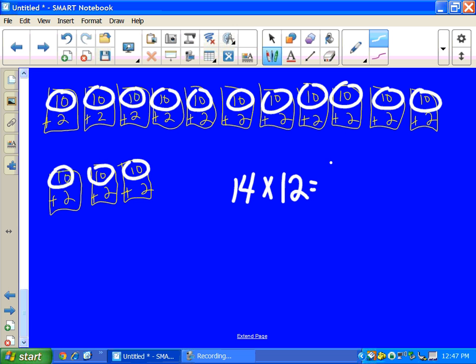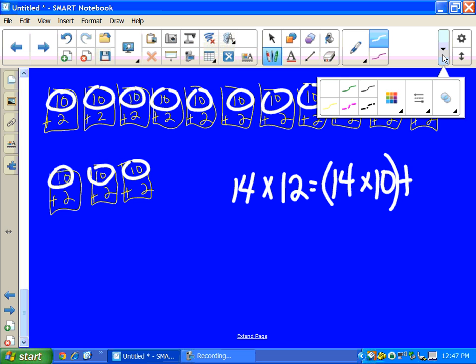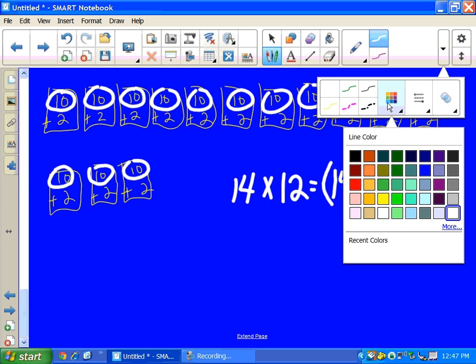So then we would have 14 bags still, but now we're not counting all the bagels, we're only counting 10 of the bagels at a time. But that doesn't count all our bagels. We still have 2 left in each of those bags.